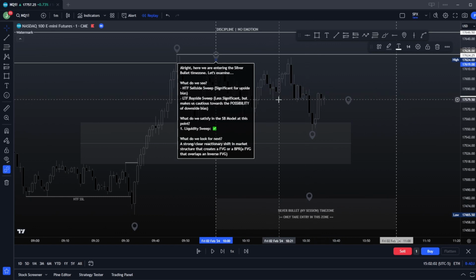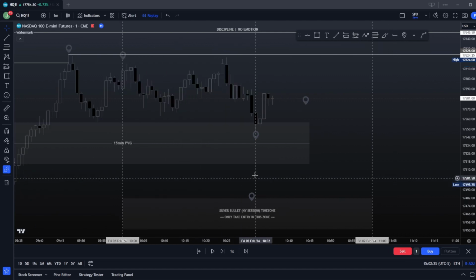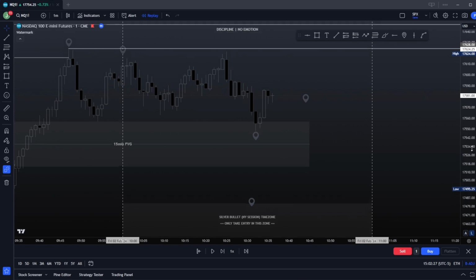But we reacted strongly off of this 15-minute candle, but a fair value gap or a BPR. Now there is a fair value gap that we did create, but on a lower time frame, I'm looking for something that's a little more solidified with our bias, and that is what a BPR is.